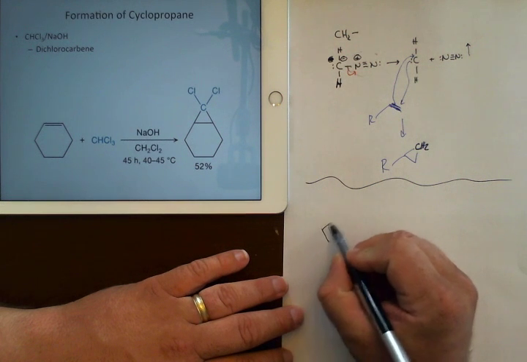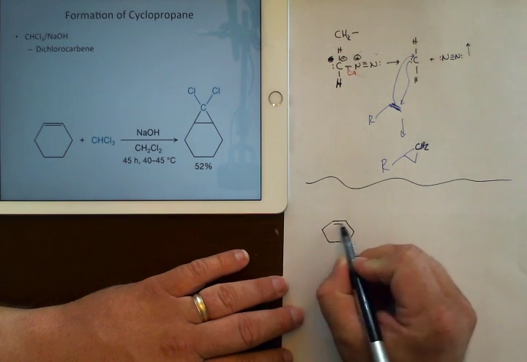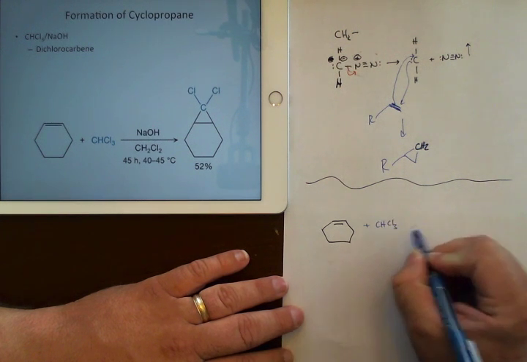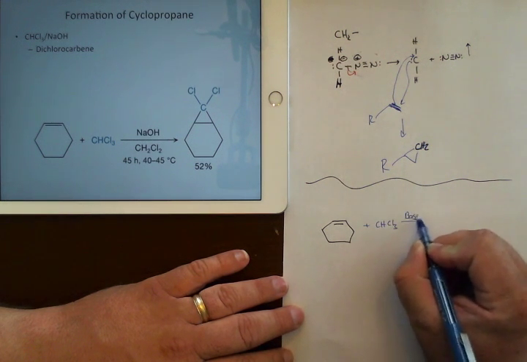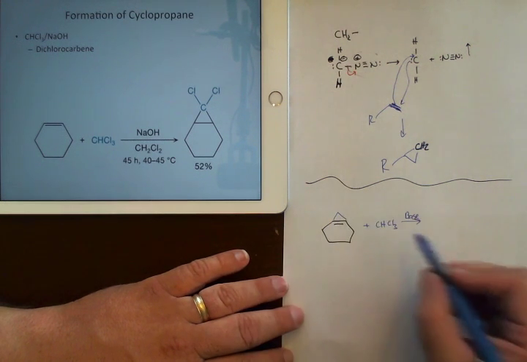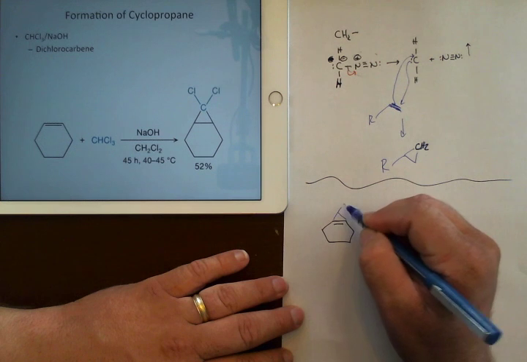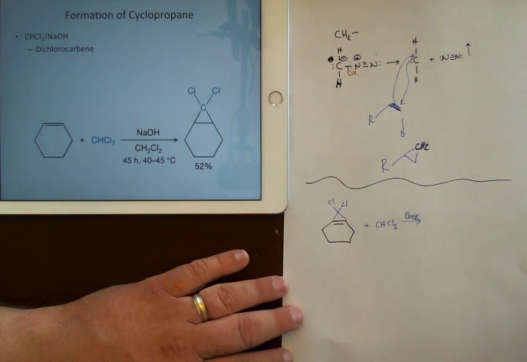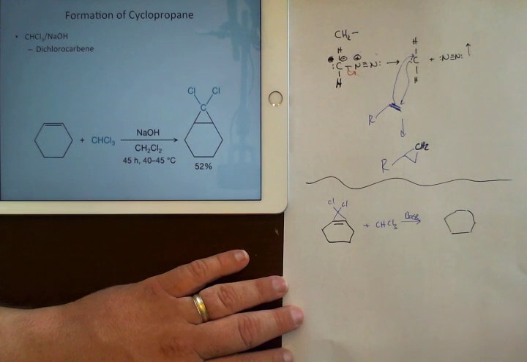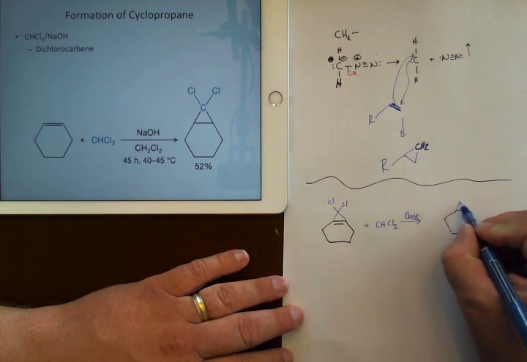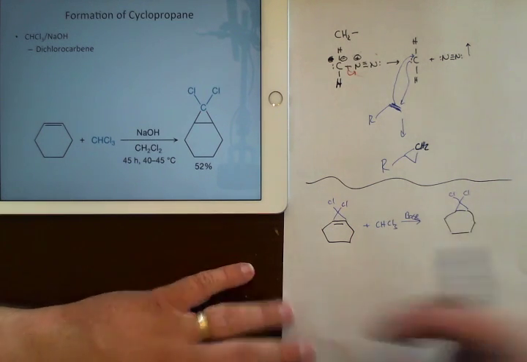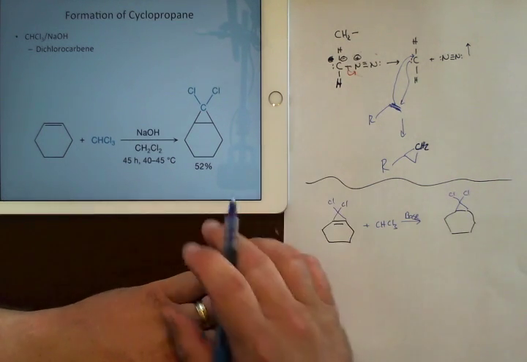What ends up happening is the double bond plus chloroform in the presence of base makes the cyclopropane here, but because there are all these chlorines, you're going to have chlorines instead of hydrogens across here, which can be good if you want a good leaving group.